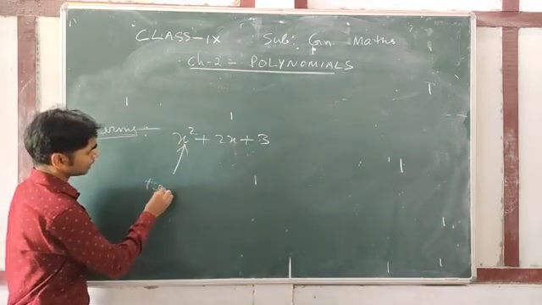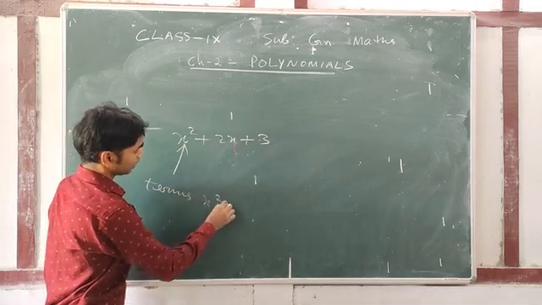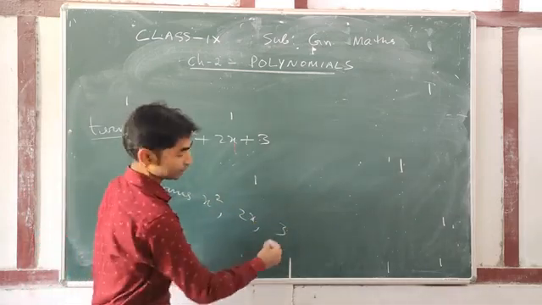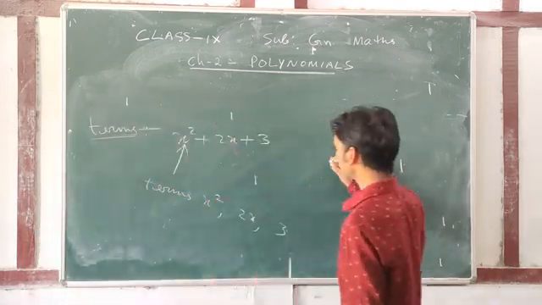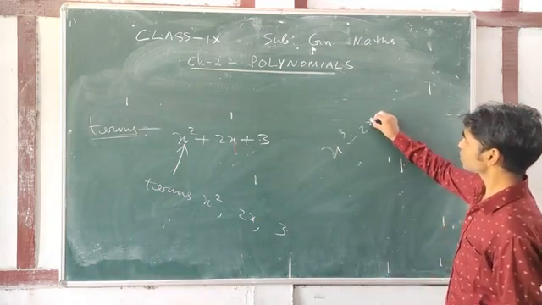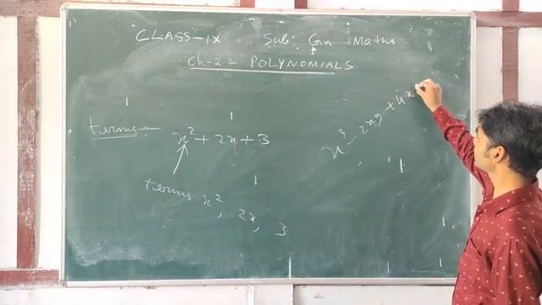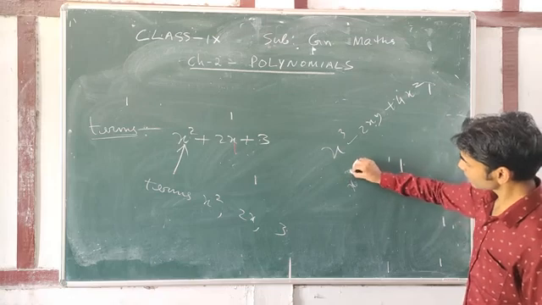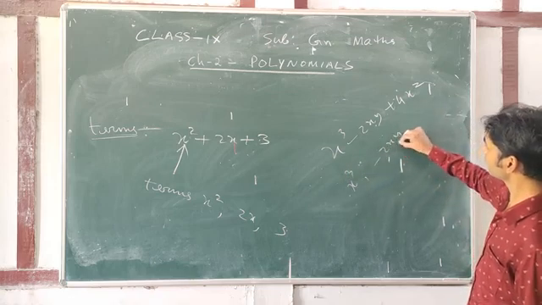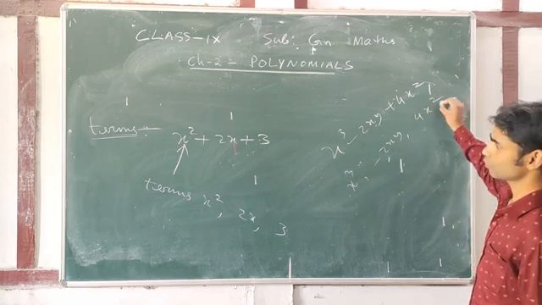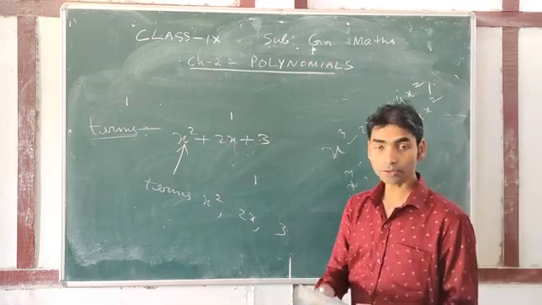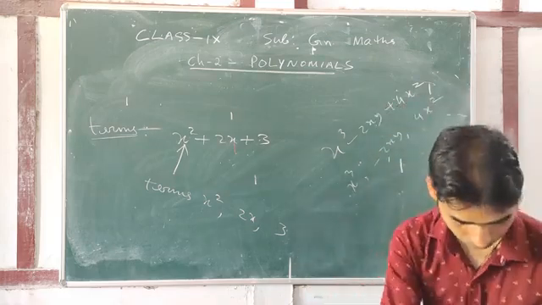So the terms are x squared, twice x, and 3. If I take the polynomial x cube minus 2xy plus 4x squared, then the terms are x cube, minus 2xy, and 4x squared. So each part of a polynomial is known as its term.